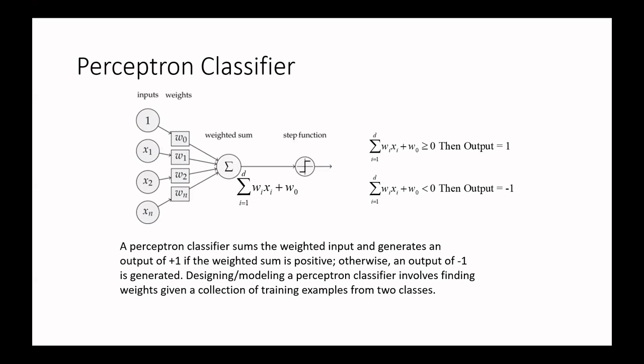All right. So last time I mentioned the idea of a discriminant function, g(x), which will produce positive or negative values depending on the class of the input signal. Basically, this is nothing but the discriminant function, except that we are putting it in the form of a perceptron classifier.